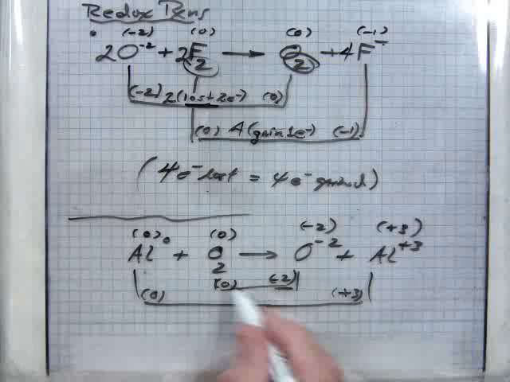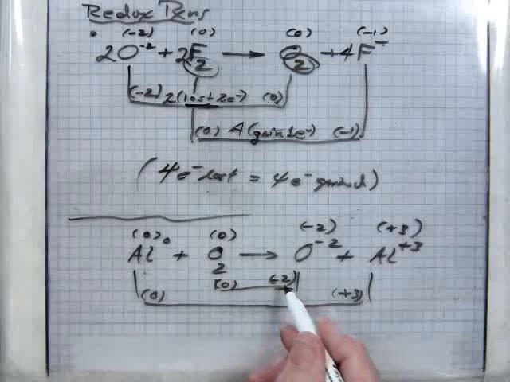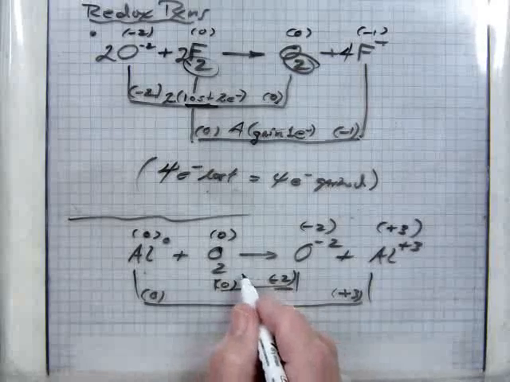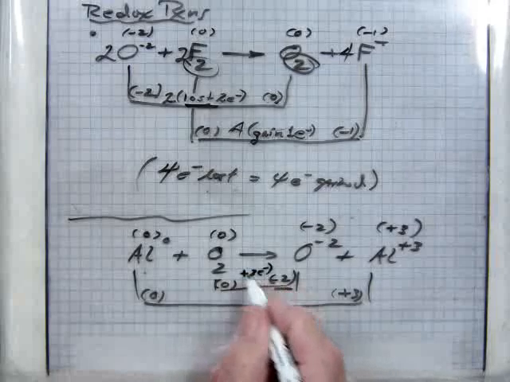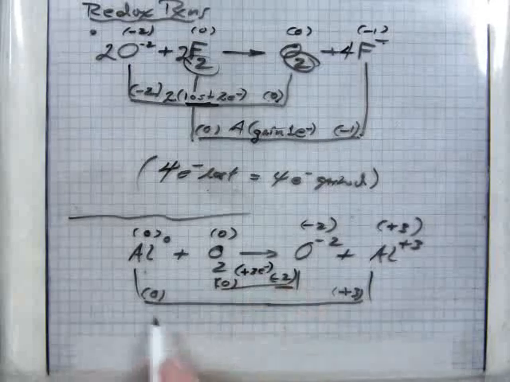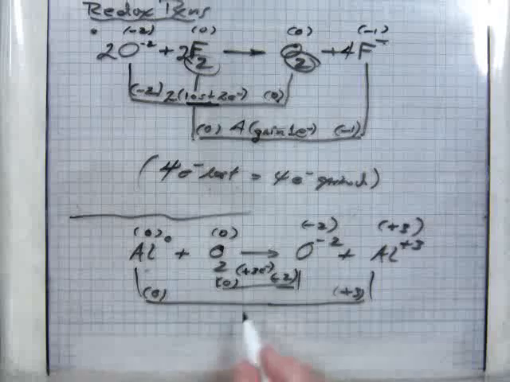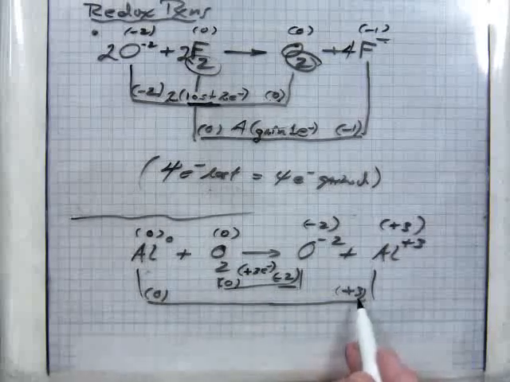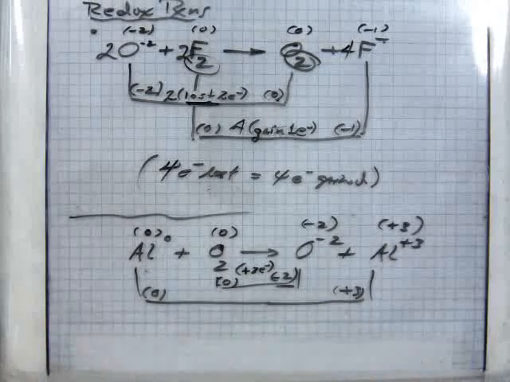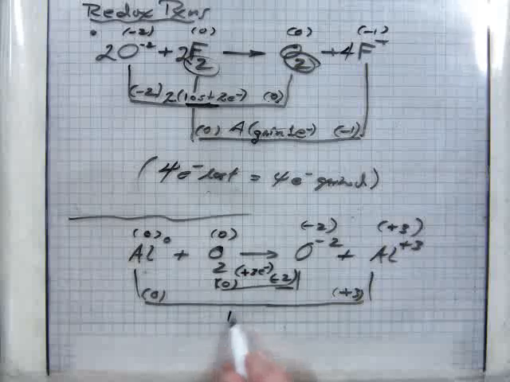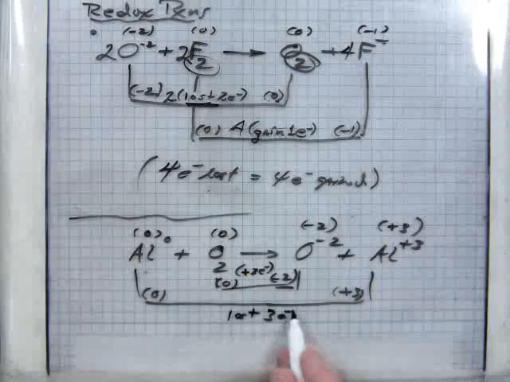Well, 0 to minus 2, this one would have to gain 2 electrons, whereas aluminum would have to go in a more positive direction. So the only way to do that is to lose electrons. You have a deficiency of electrons now. So you lost 3 electrons right there.